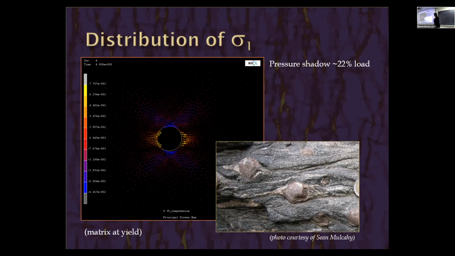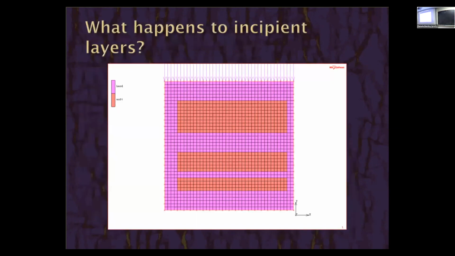The pressure shadow is about 22% of the load. That's the variation between what we see here and the ultimate load, the same kind of variation we see in the other models. So if the garnet can make a beard, why can't the stress percolation make little layers?